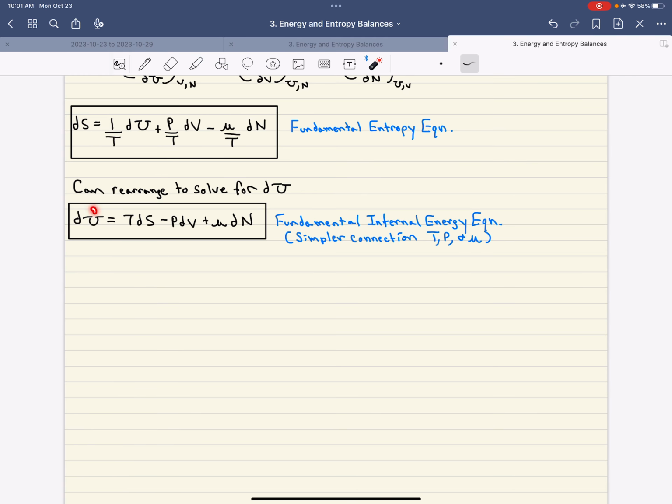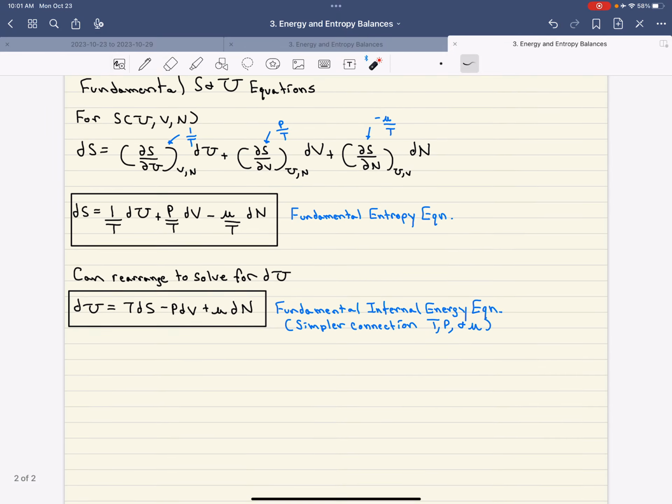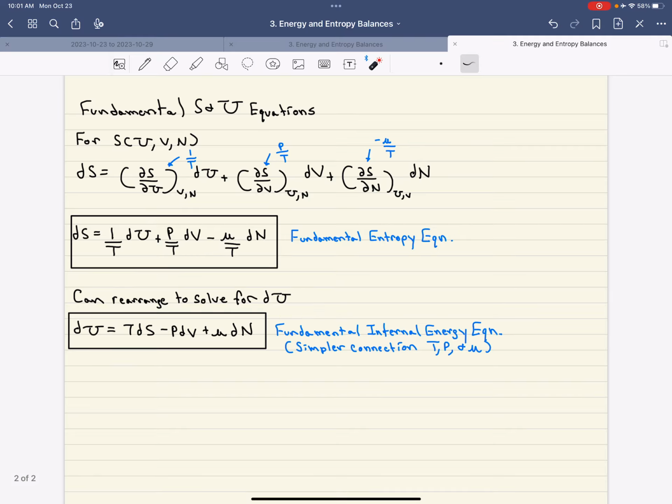We find that dU is just proportional to these things rather than proportional to the inverse of temperature. Okay? All right, so those are just the basic forms of the fundamental entropy and internal energy equation. But here we wrote them as the extensive version, right? Because the entropy and the internal energy here will depend on the change in the number of molecules in the system.